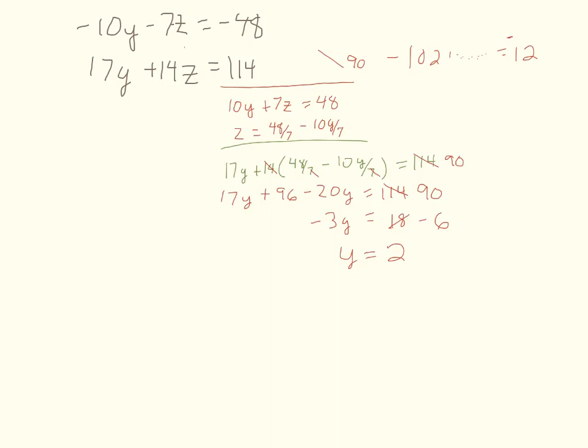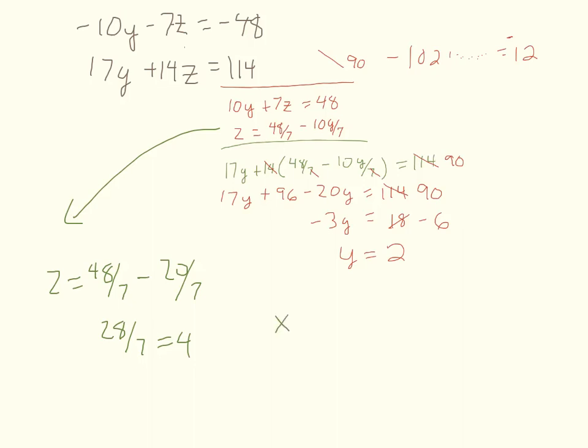So let's look at that. If we took this equation, z is now 48/7 minus 10 times 2, which is 20/7. So 28/7 gives you a 4. So now that I know that y is 2 and z is 4, I then can choose any of my previous equations and solve for x.